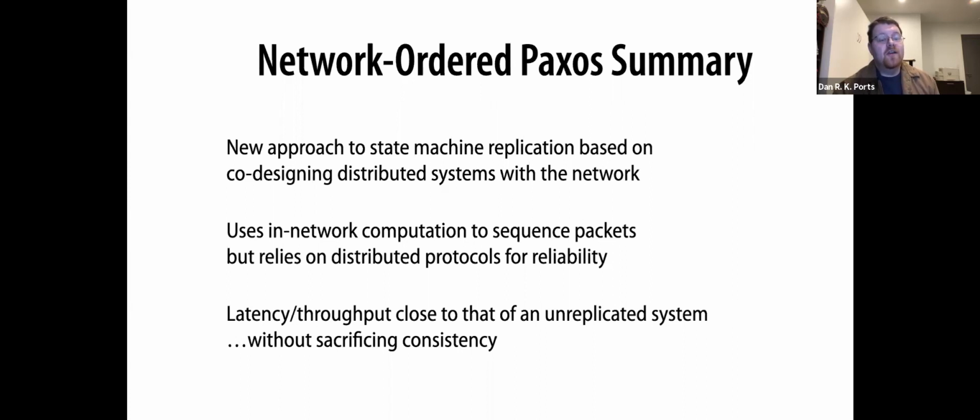So if some of the replicas fail, but not enough to impact the availability of the system, the performance impact is pretty low. If there's a failure of the leader or a failure of the switch, we do have to run a view change protocol, and that gets handled fairly quickly, but there is a performance cost.